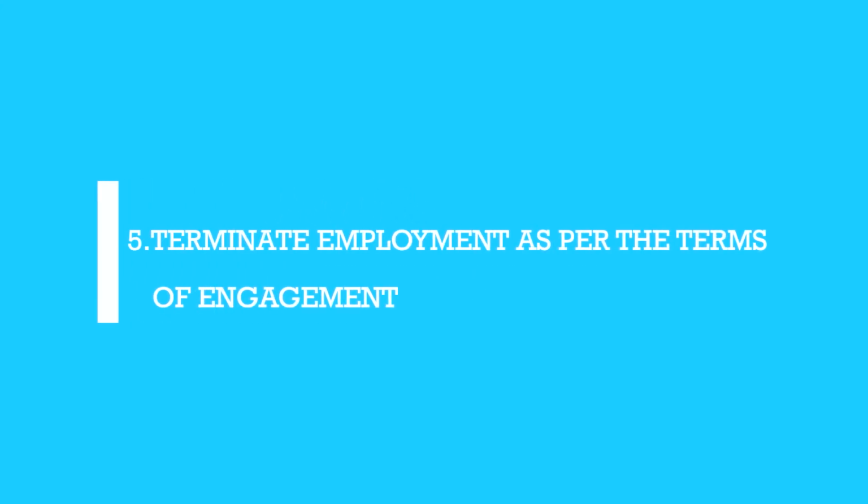Now, when they give you the go-ahead, then you can terminate employment as per the terms of engagement. So if someone needs 1 month notice, you pay them 1 month notice or payment in lieu. If it's a top manager who needs 3 months notice or payment in lieu, then you have to pay them that. So it is a two-part process.